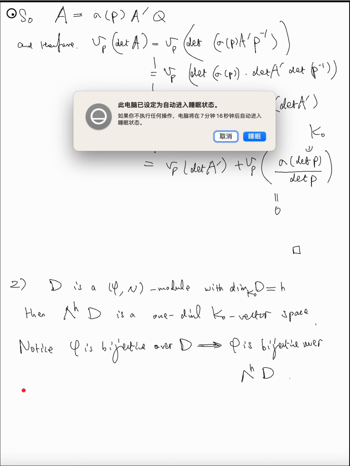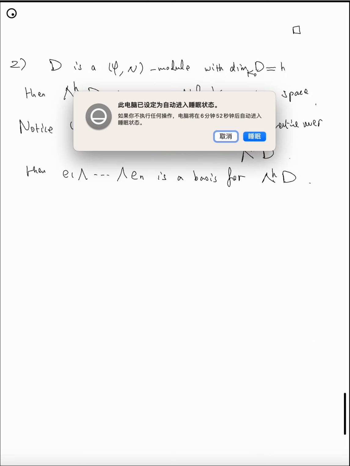And if E1, ..., Eh is a fixed basis of D, then E1 wedge till Eh is a basis for this one-dimensional vector space. And now we're writing phi Ei, suppose it is the sum of Aij Ej.